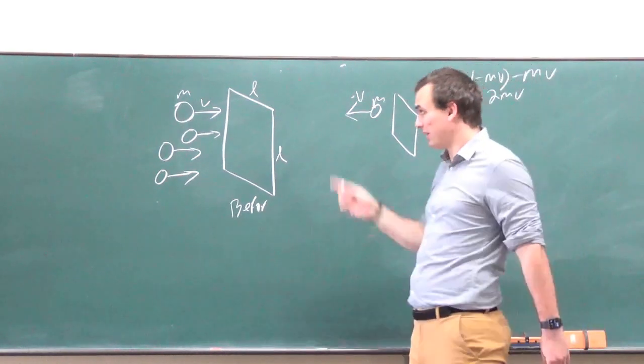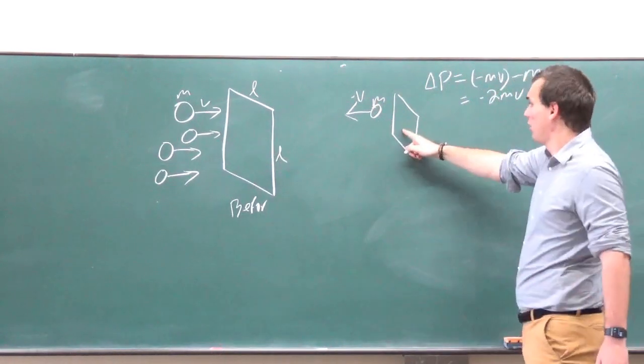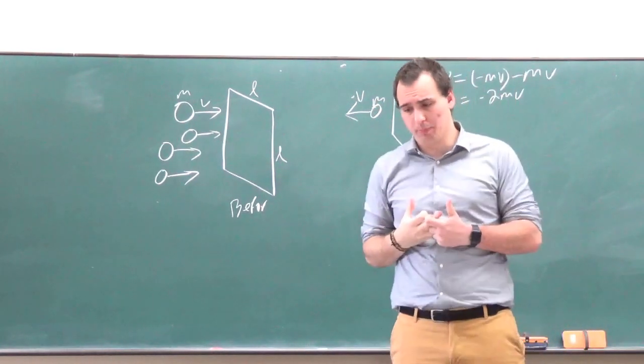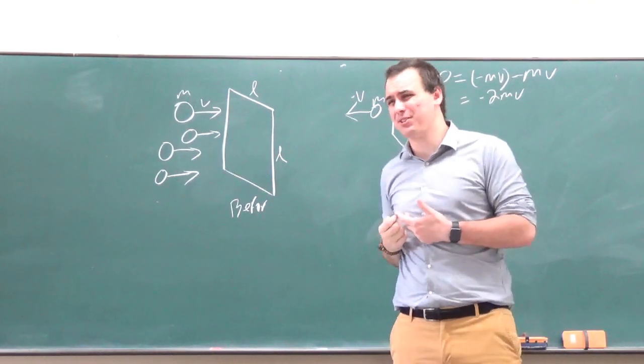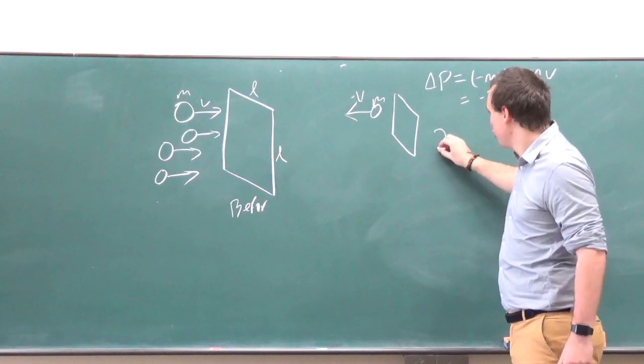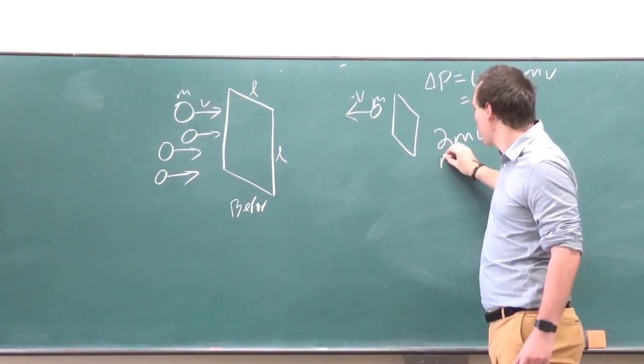Okay, but that's for the molecule. The wall must have an equal impulse, but in an opposite direction. So this wall's impulse is 2 mv, and it is to the right.